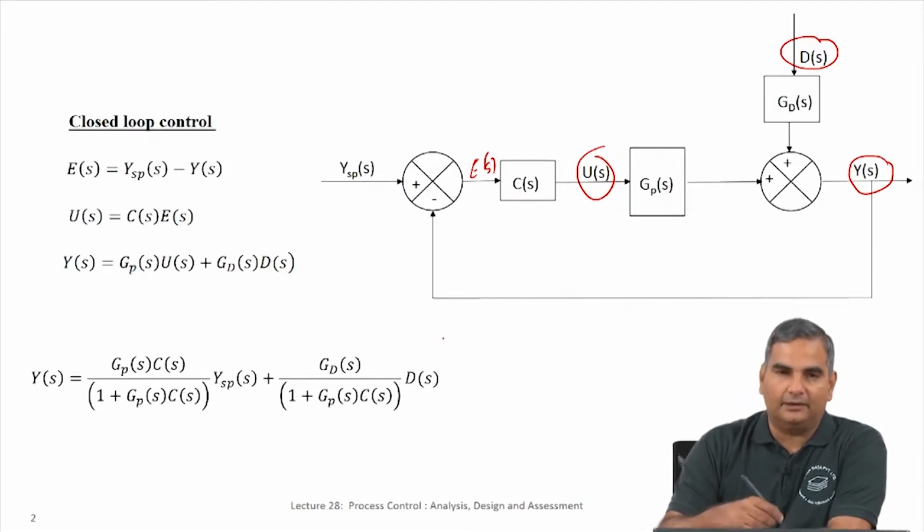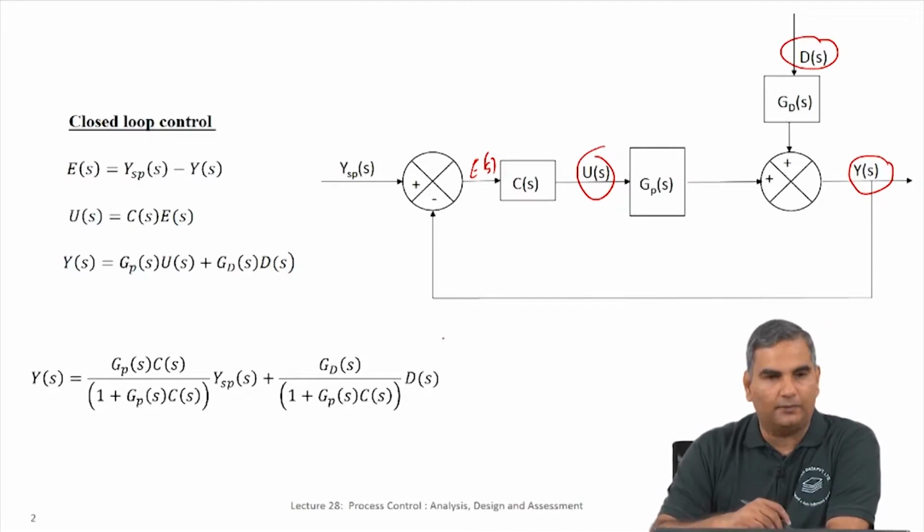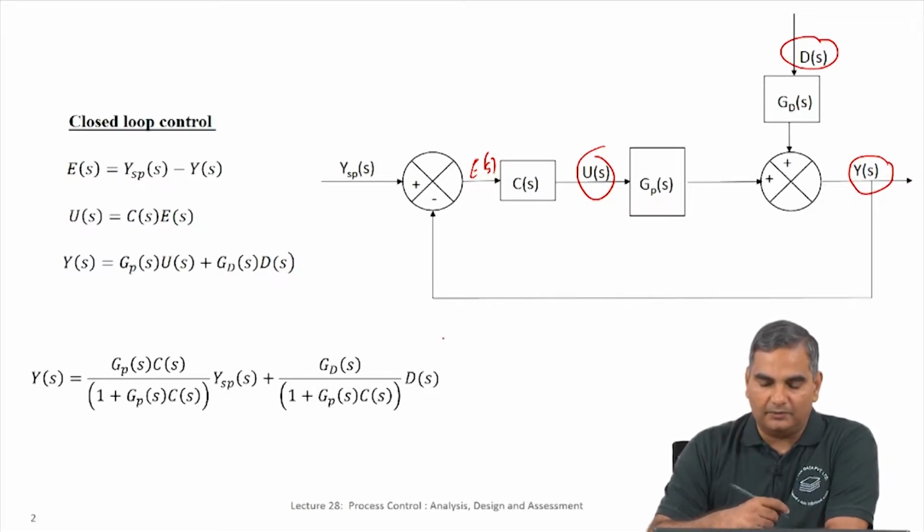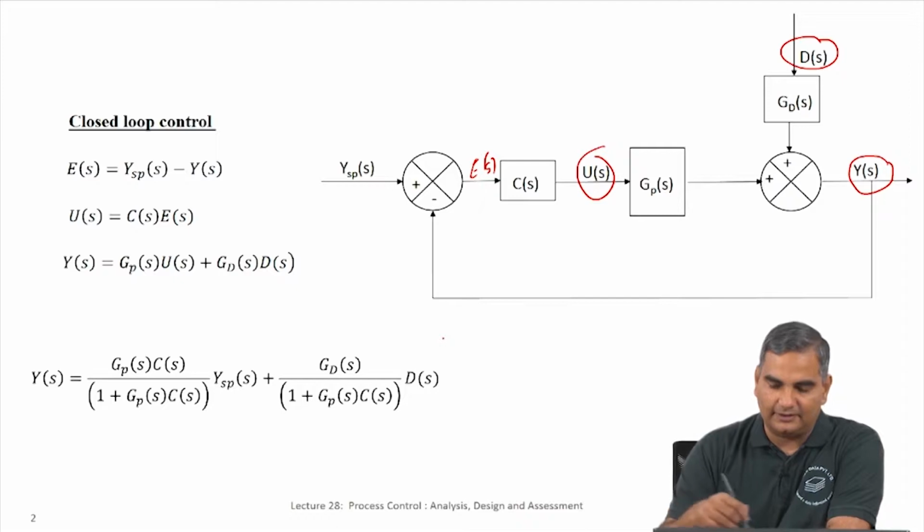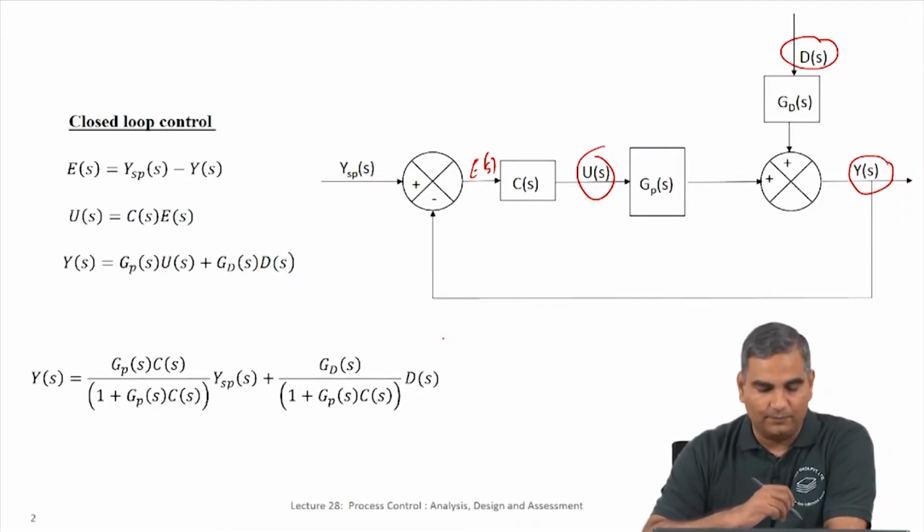Now, clearly at the beginning of this course we started with a time domain understanding of the process, and then we said if you use Laplace transforms, it becomes very easy to analyze these systems. So, that is the reason why we did Laplace transforms, and once you do that, closing the loop and analyzing this system just becomes a question of algebraic manipulations.